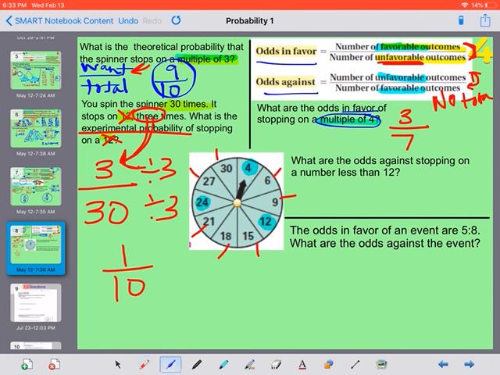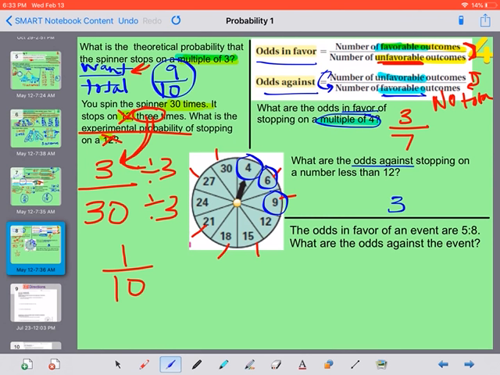Next, it says, what are the odds against stopping on a number less than 12? So first, I'm going to figure out, how many numbers are there that are less than 12? Not including 12, just less than. So less than 12, we have 3 numbers that are less than 12, which is the favorable. We want odds against, so we just have to flip this.